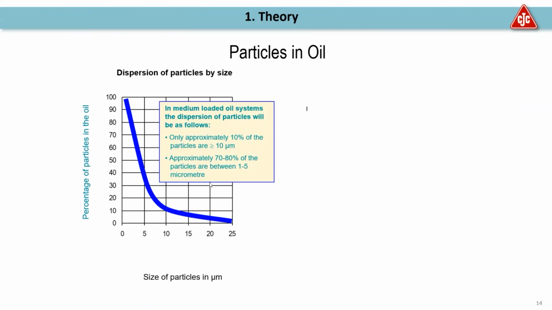Now, getting back to the dynamic oil film thickness, the particles that really have the biggest impact are the particles between 1 and 5 micron, and you have about 70 to 80% of all the particles in any given oil sample in that size.